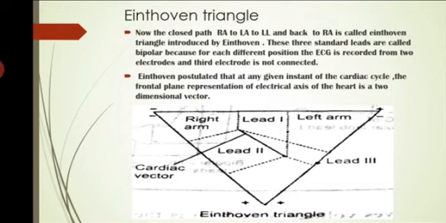These 3 standard leads are called bipolar because each ECG recording is made from 2 electrodes and the third electrode is not connected.